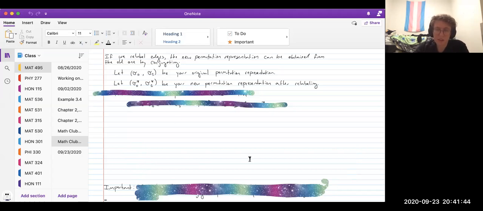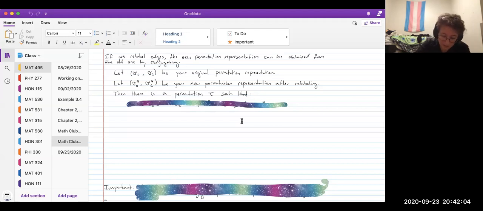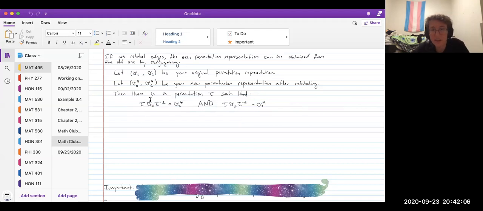So now again, back to conjugation. If these are different permutation representations for the same dessin because we've relabeled the edges, then there exists another permutation, we'll call it tau, such that if you compose these permutations with tau and tau inverse, you get the new representation.